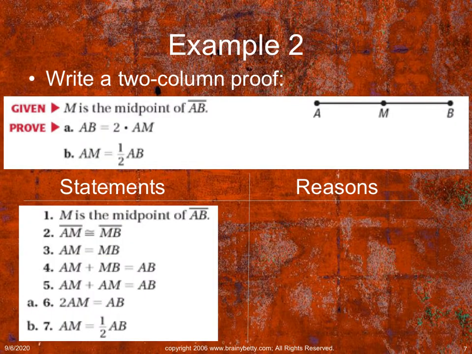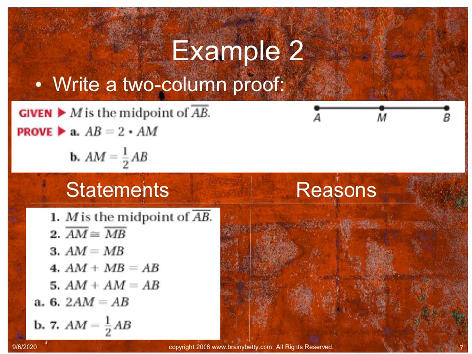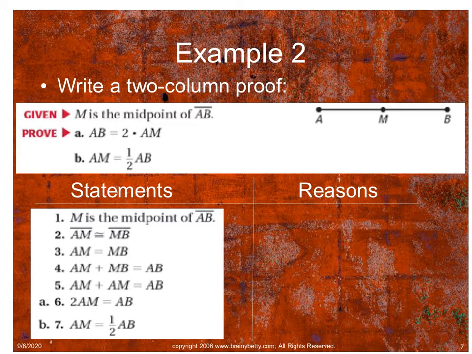So again, 2-column proof. Remember, we don't write flow proofs, flow charts, or paragraphs. All of the proofs we're going to write in this course are going to be 2 columns. So we can see that our given information is that M is the midpoint of AB. And we learned about midpoint back in chapter 1. So this is given.